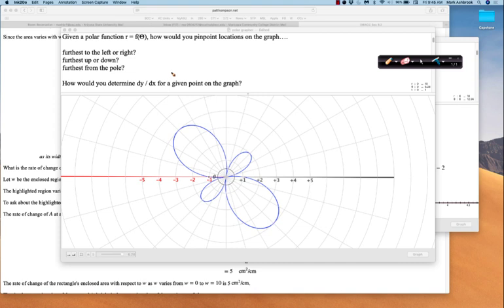Okay, so how am I going to pinpoint these places that are furthest to the left or furthest to the right? What do we think about that?